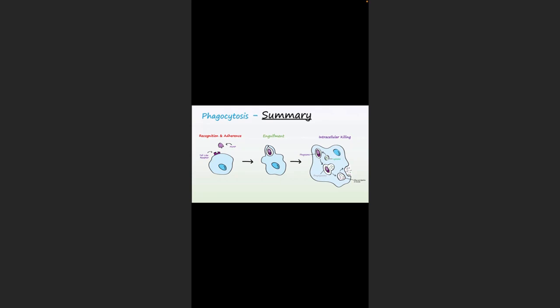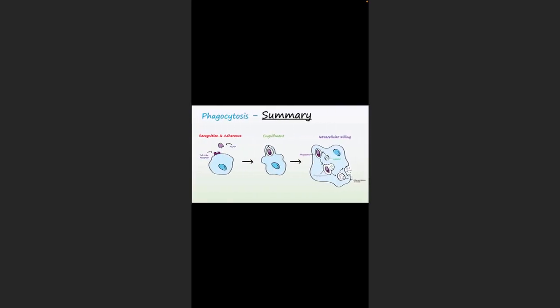So we can summarize phagocytosis as recognition, engulfment and intracellular killing of the cell. This overall summary describes phagocytosis, in which the phagosome is converted into a phagolysosome and then killing occurs by the respiratory burst.